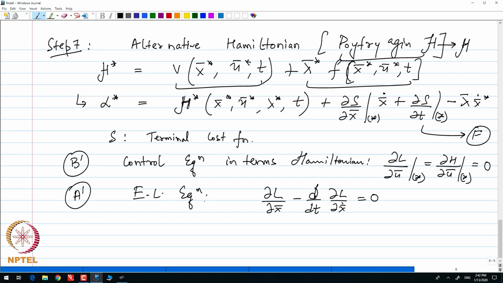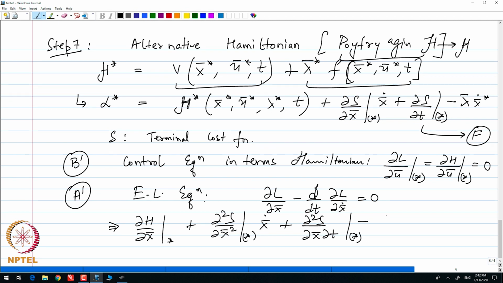All I need to do is plug in L in the form of H, and we get the following expression: partial H partial x at star condition plus second derivative of s with respect to x squared at star condition x bar dot plus partial 2 s partial x bar partial t at star condition minus then this quantity becomes the total derivative of partial s partial x at star condition minus lambda bar star, okay, and this is set equal to 0.